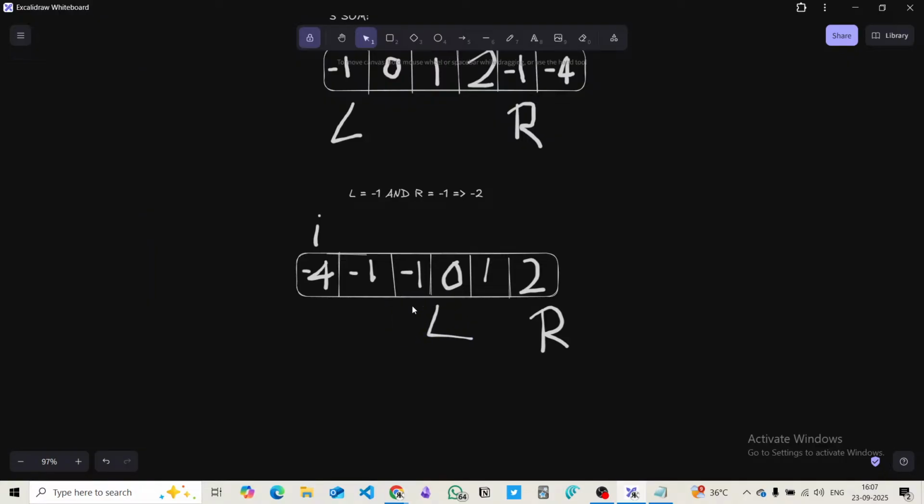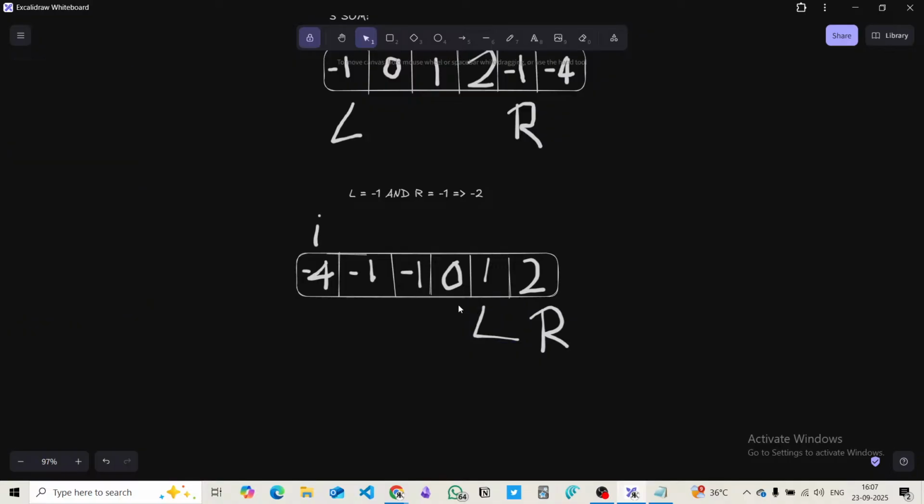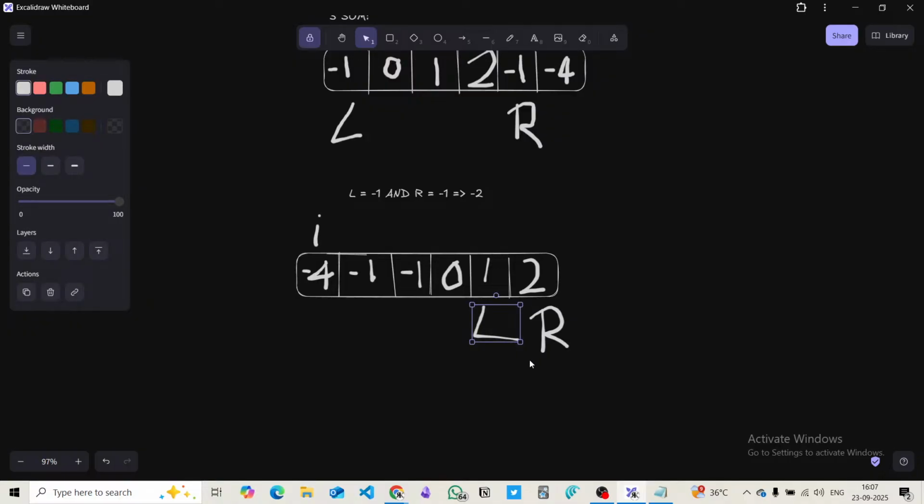So again we need to move. And again we need to move. So minus 4 plus 1 is minus 3, 4 minus 3 is 1, minus 1. So we need to move this. L and R should not meet. So yeah, that's it.